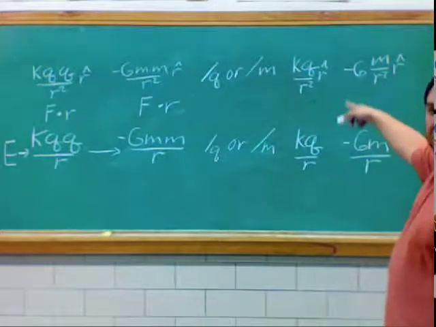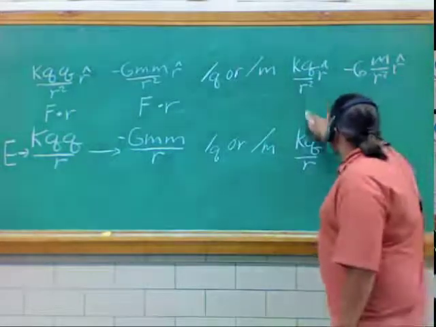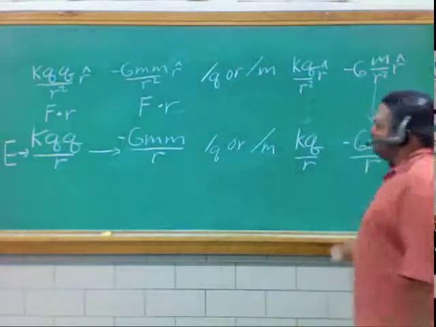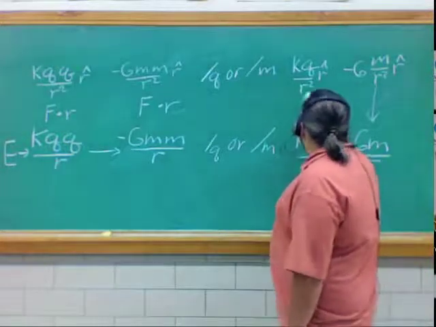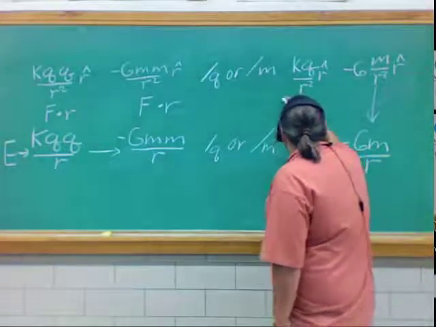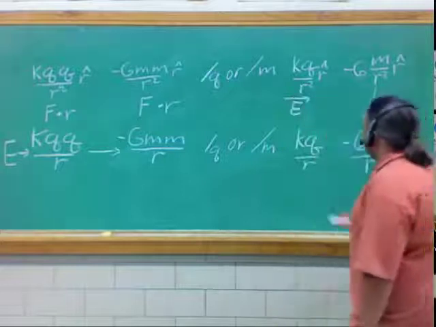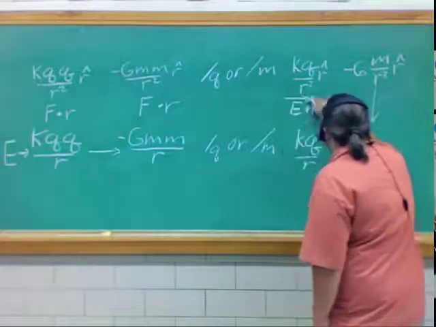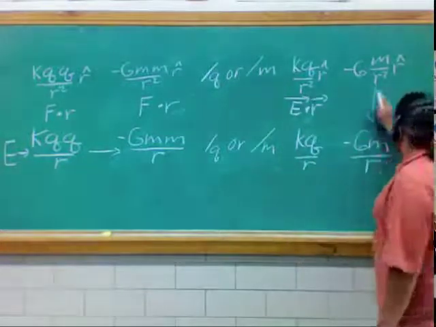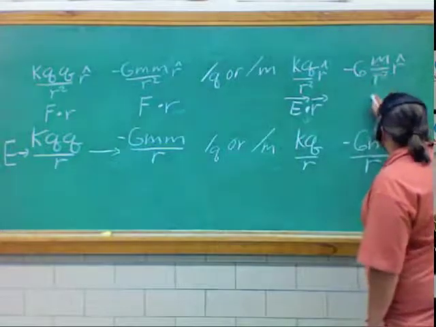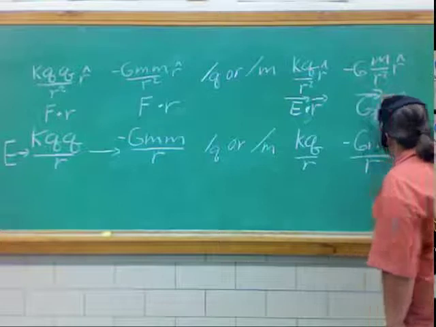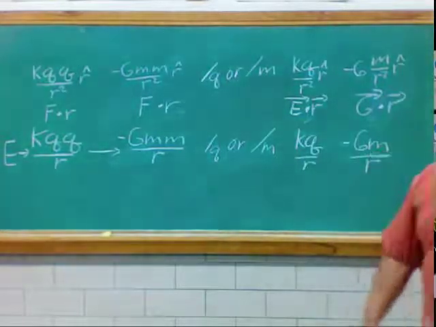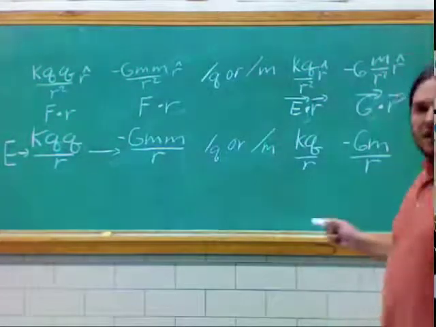But look how simple it is to go from here to here. Look how they're all kind of related. If I multiply this field, which here is my electrostatic field, times R, I get potential. If I take my gravitational field and multiply it by R, I get my gravitational potential. So they're all related to each other.